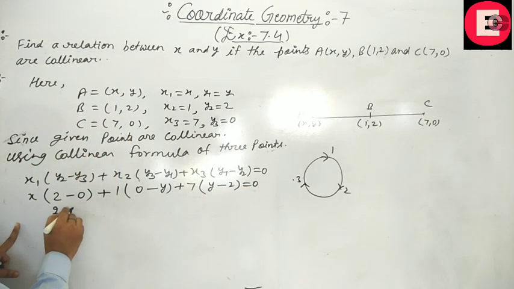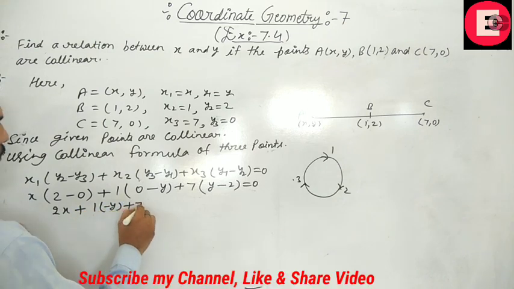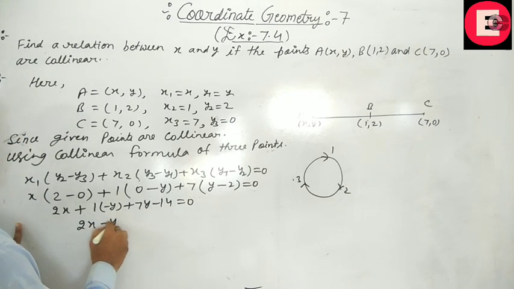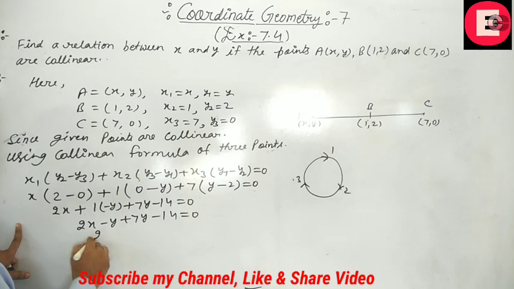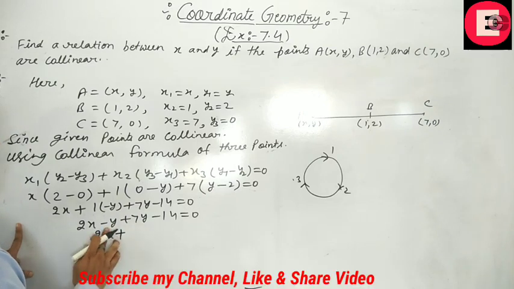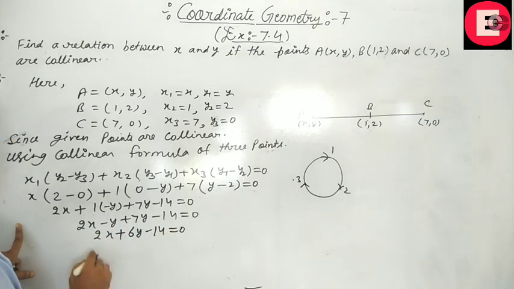Now multiply: 2x - y + 7y - 14 is equal to 0. Then 2x + 6y - 14 is equal to 0.